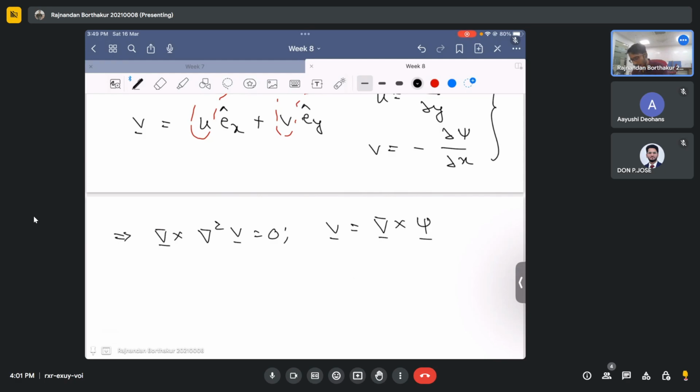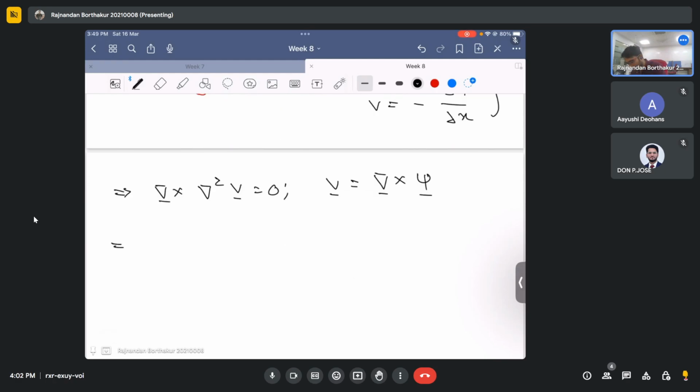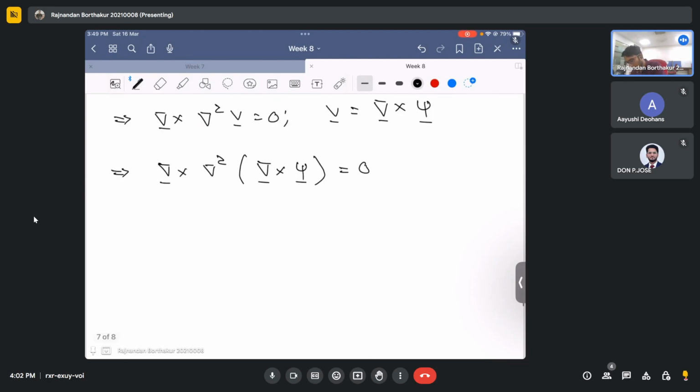So I'll substitute it here, which means curl of del square v becomes curl of psi bar, and this is equal to 0. Now let's rearrange this, so I can write it as del square times curl of psi bar.